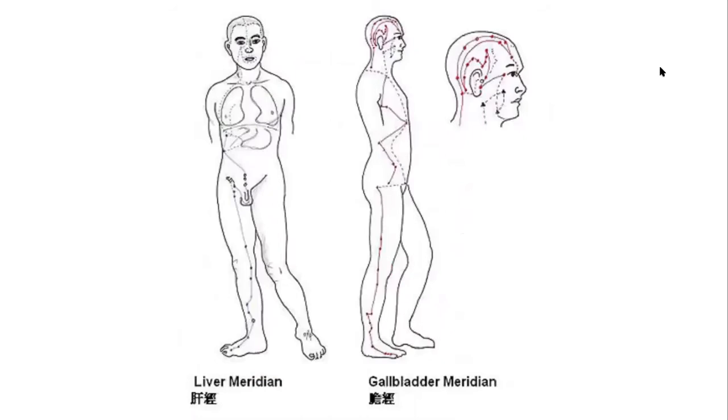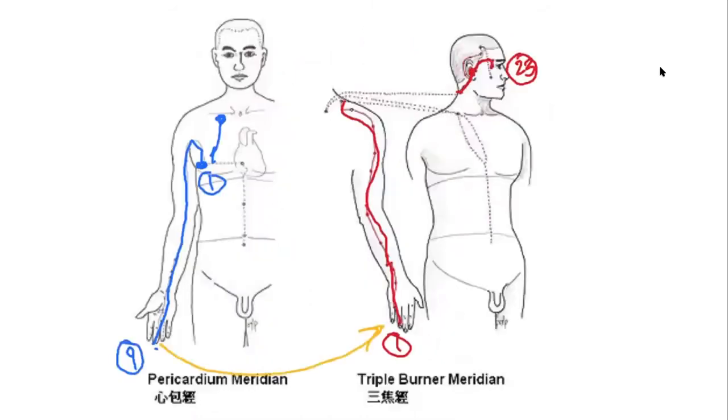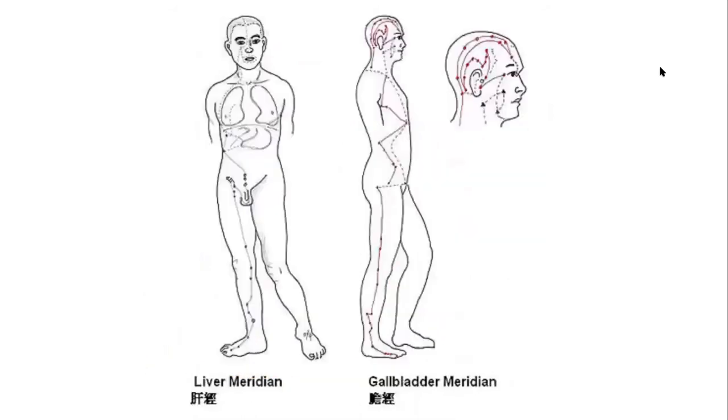And let's see, where we are ending is the triple burner. The triple burner connects to the GB. So the triple burner ends around this area. And the GB channel is kind of a crazy channel on the head.